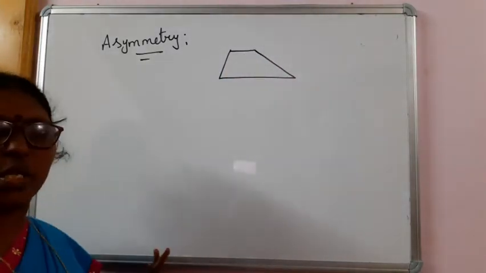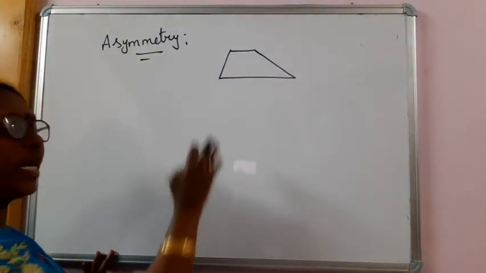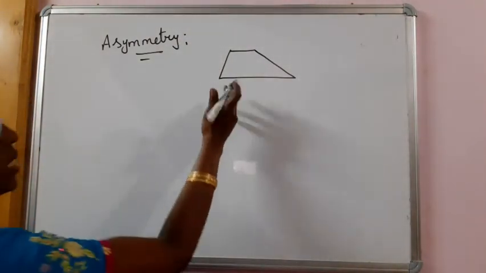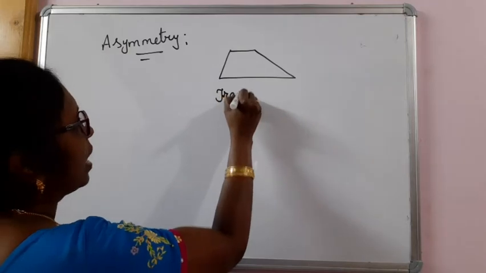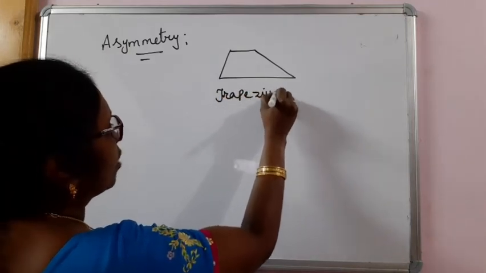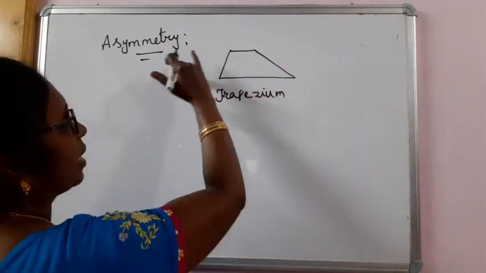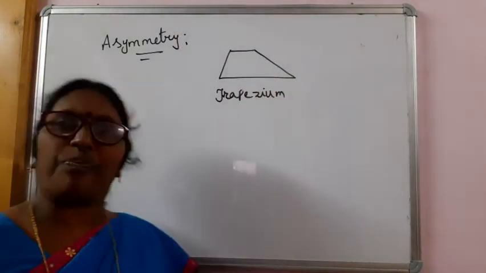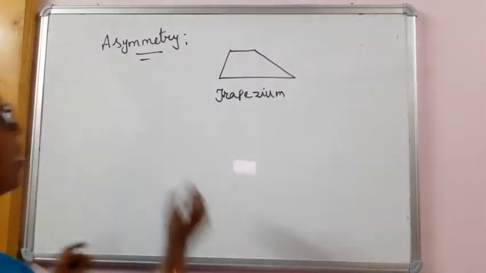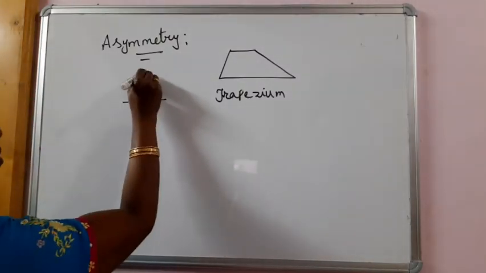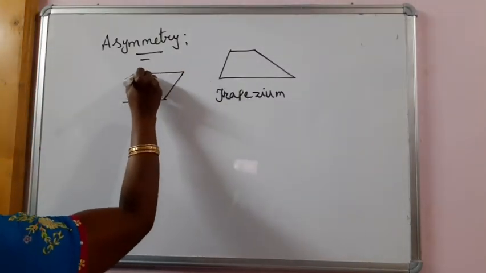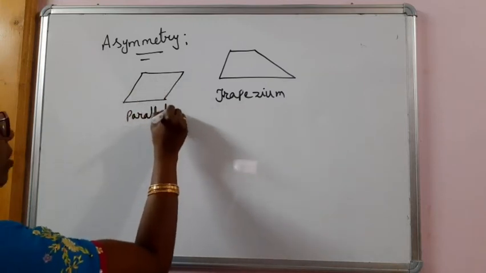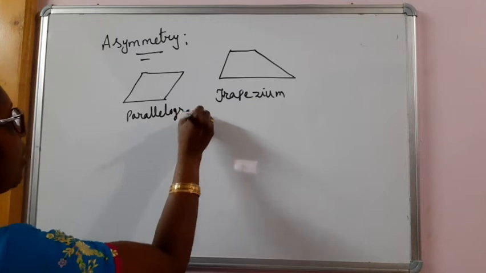If it is an isosceles trapezium, we can divide the figure into two equal halves. But simply this is a trapezium. Neither a vertical line nor a horizontal line can divide it. No line can divide this trapezium into two congruent figures. Same way, a parallelogram has got no line of symmetry.